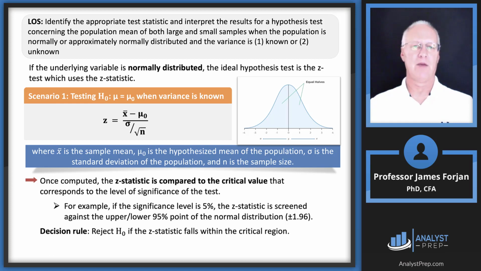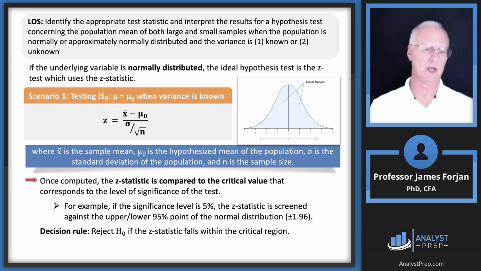And so look, we have scenario 1. So we're assuming normal distribution. We're going to use the z statistic, and there it is. We've already done that in the previous slide. What we're going to do is compare that z to the critical value from the table, and then make an accept or reject decision depending on whether that z falls in that critical region.